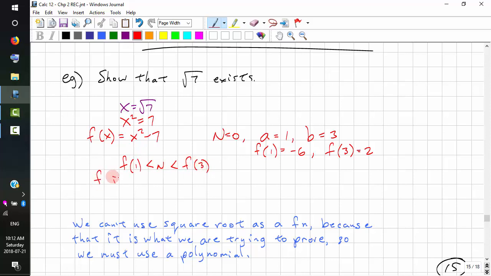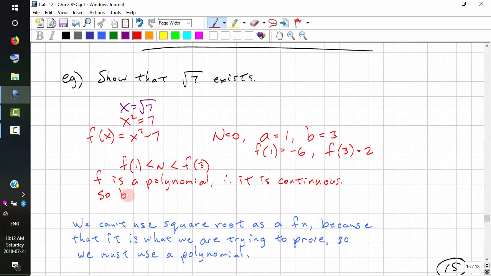f is a polynomial. Therefore, it is continuous. We need this to invoke IVT.